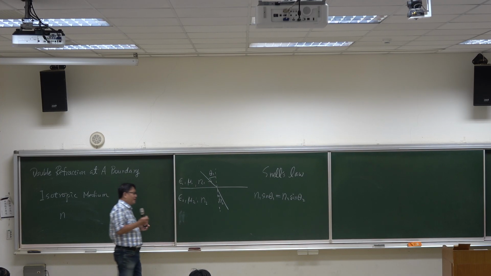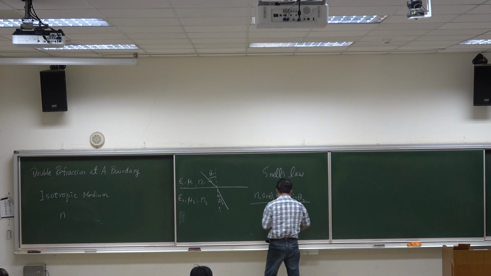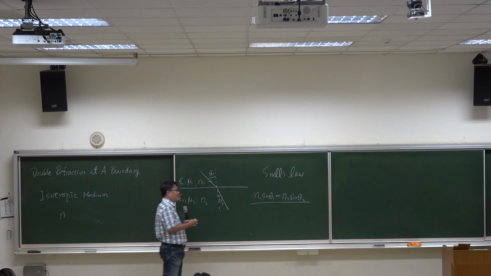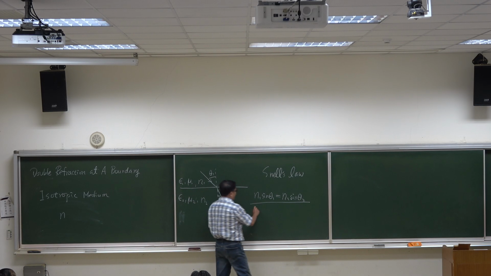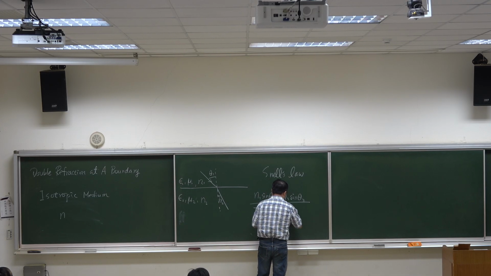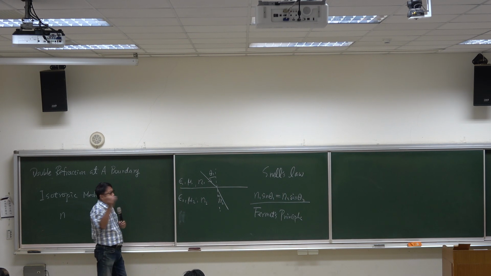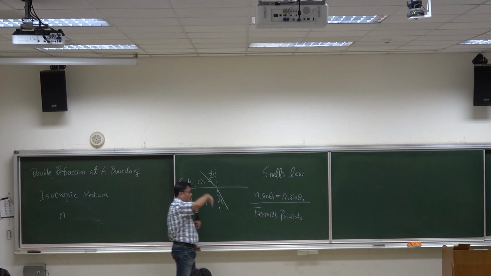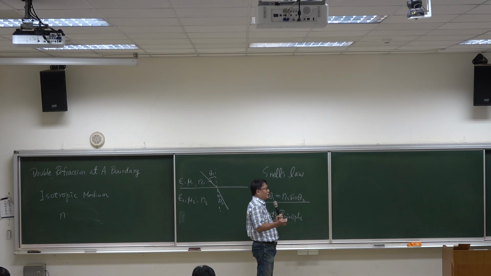You have at least 2 different ways to derive this result. The first method, you use the so-called Fermat's principle. According to Fermat's principle, light goes along a path that takes the shortest time.